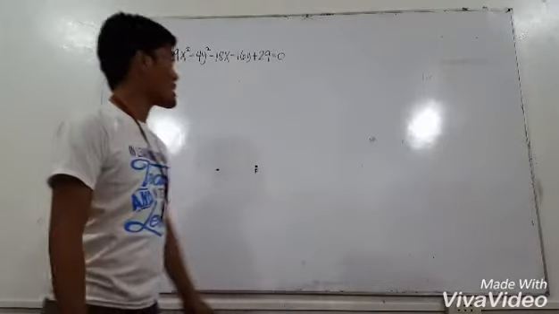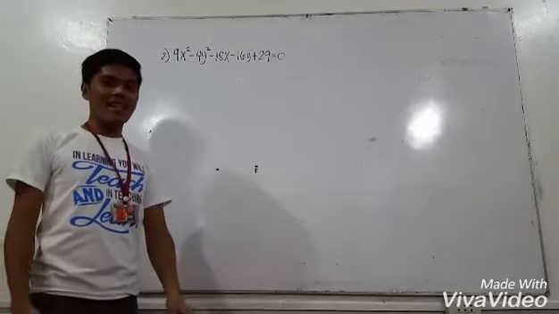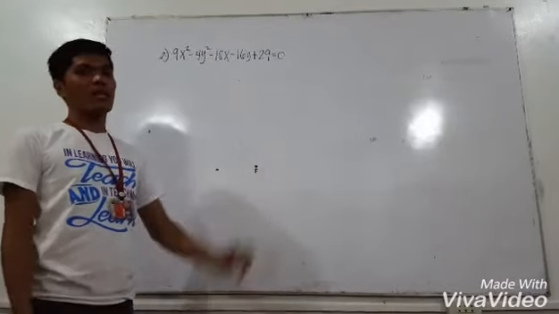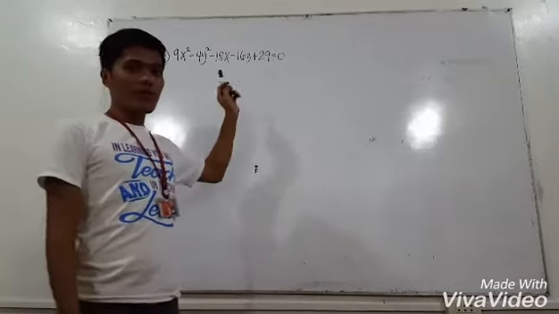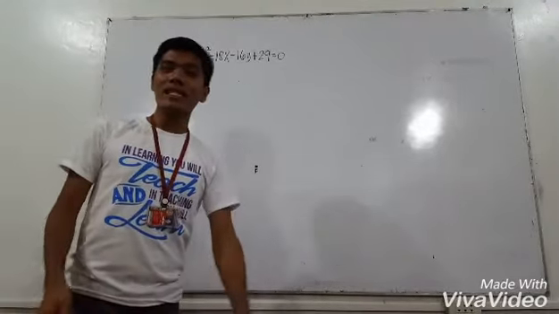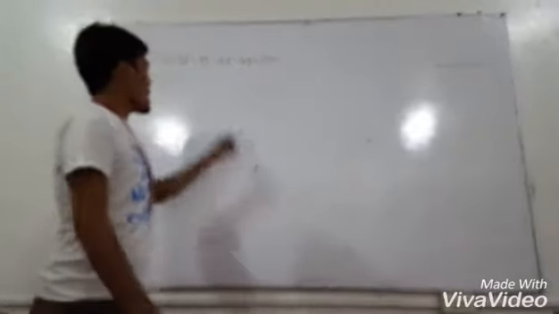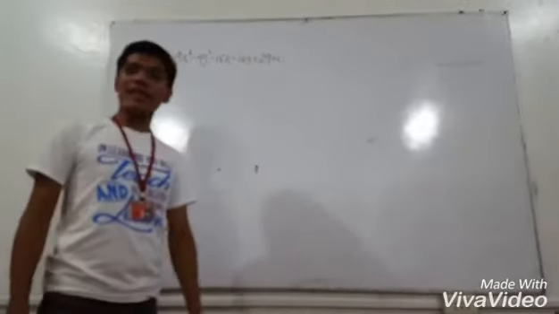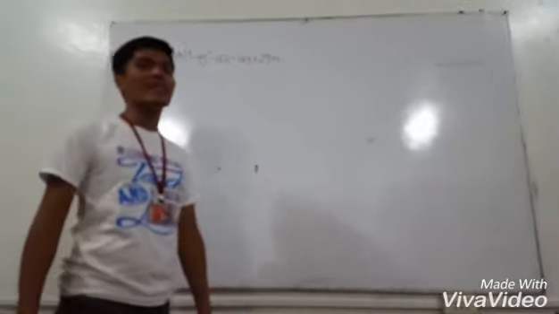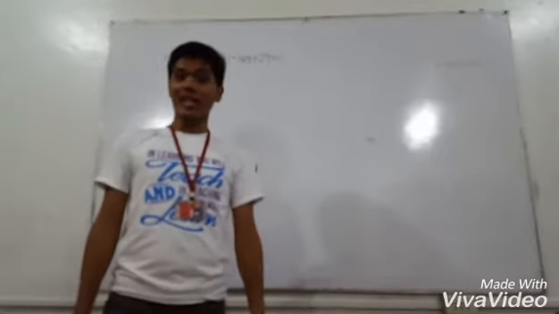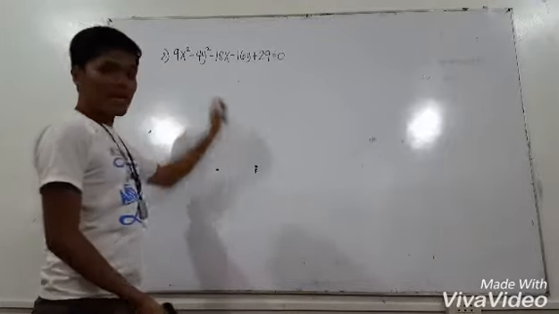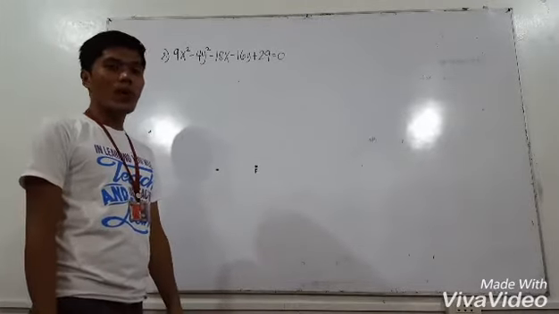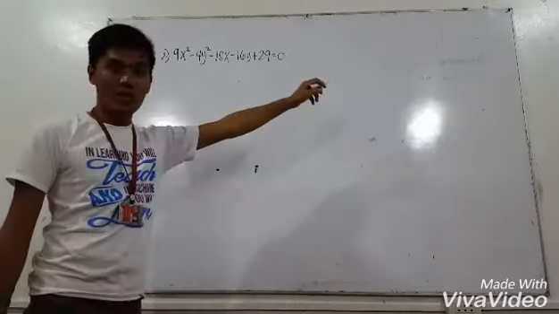For the second example, class, we are given here the general equation of the hyperbola. So first, before we find the properties, we just have to convert this into its standard form. Take note, the process of finding its standard form will be exactly the same as what we did with the ellipse before. Okay? The same thing, since the coefficients of x squared and y squared are not the same, here we can divide both sides.